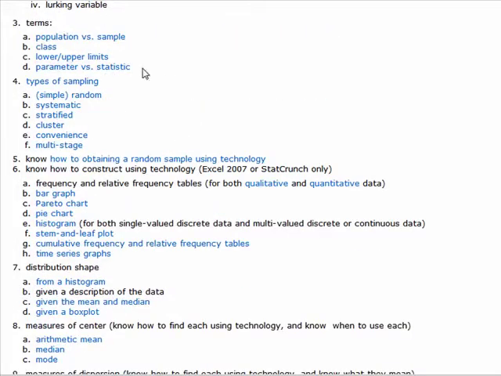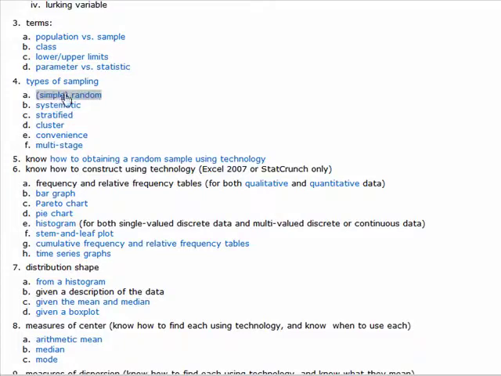For terms, I don't ask for definitions or matching or anything like that, but I may ask you, okay, in this context, what is the population versus what is the sample? I may say create a histogram with a class width of 10. Well, you need to know what that means. Lower and upper limits, upper limit of the class, lower limit of the class. What's the difference between a parameter and a statistic? The types of sampling.